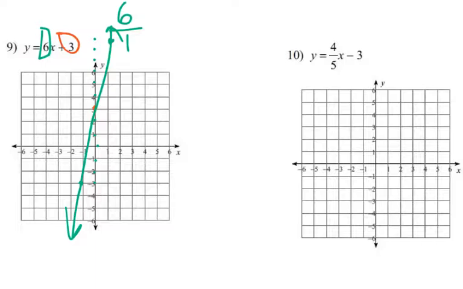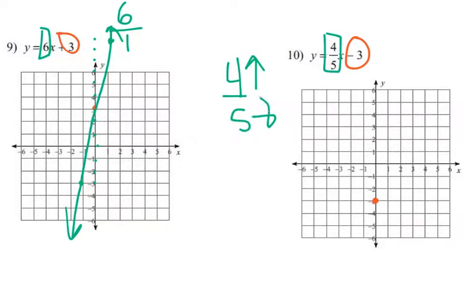Number 10. Once again, pause it, try to do it on your own, and see where you get. Negative 3 for my y-intercept. My slope. Notice the slope's always with x. The y-intercept is never with x. And y is always by itself on the other side. So 4/5. We can go up 4 to the right 5.